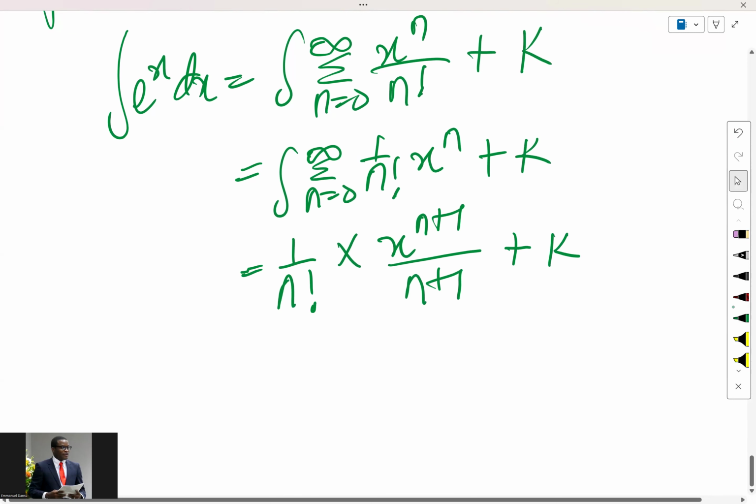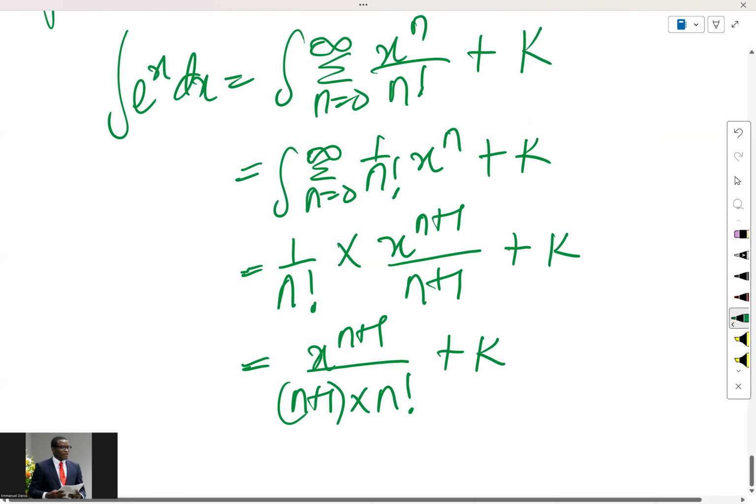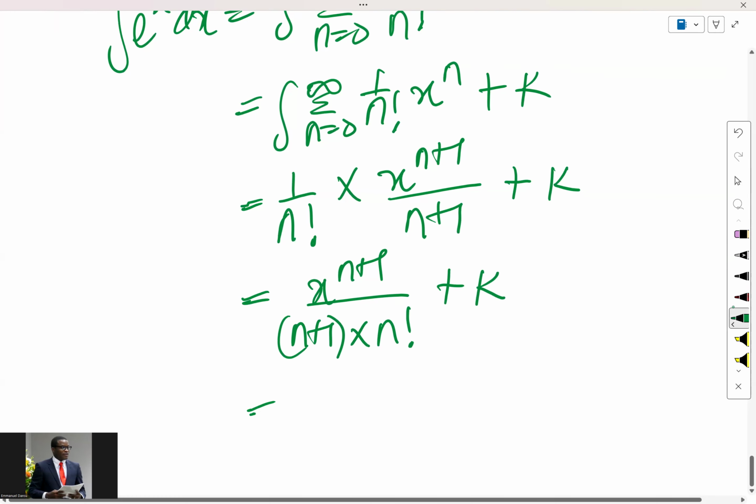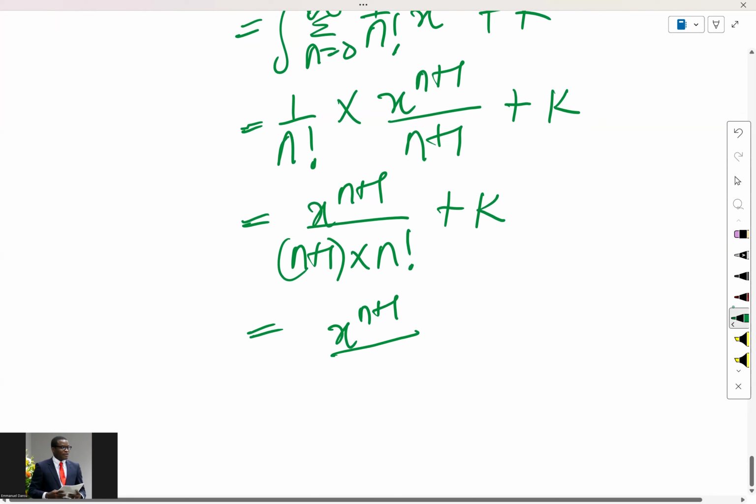This is x raised to power n plus 1 all over n plus 1 multiplied by n factorial, plus that constant k. And then you have x raised to power n plus 1 all over n plus 1 factorial plus c.